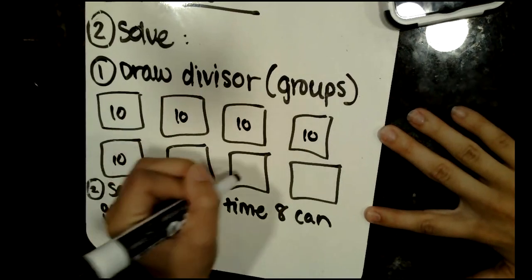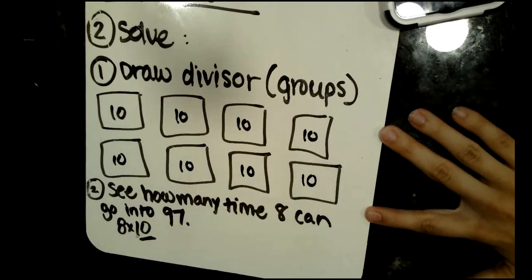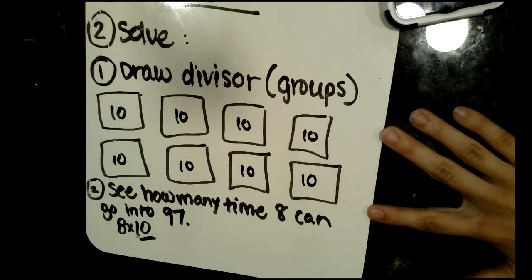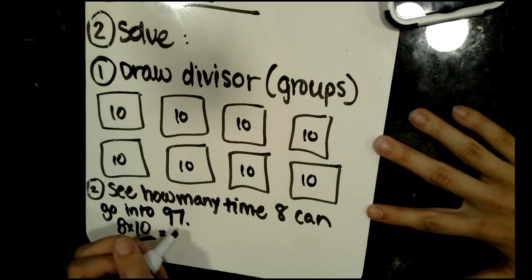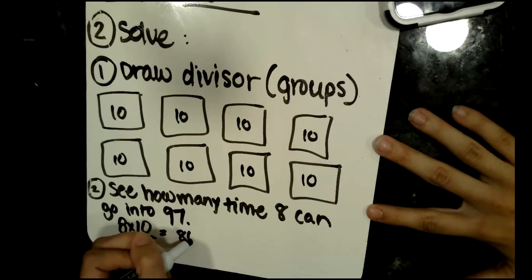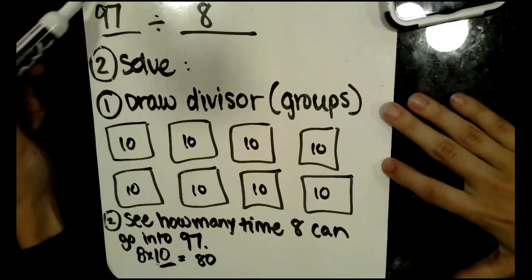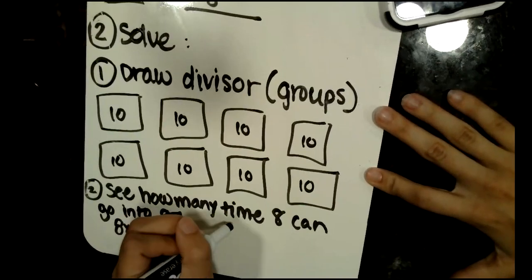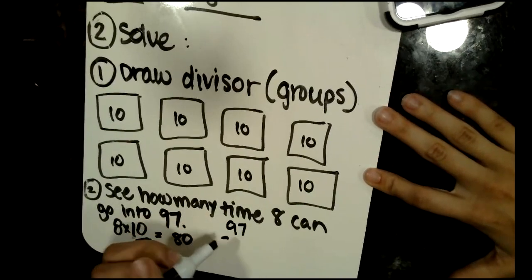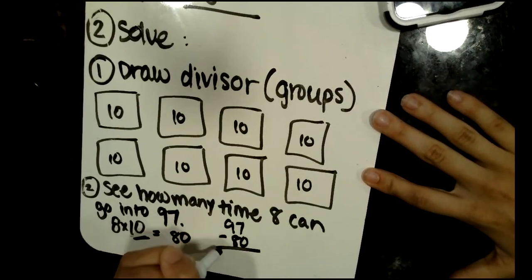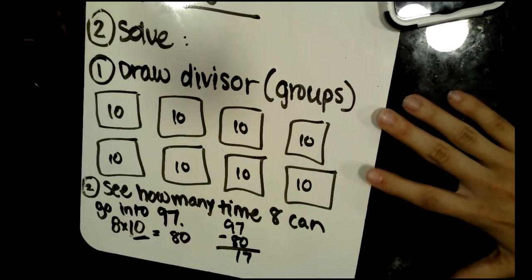So if each group gets 10, how much are they getting all together? 8 times 10 would be 80, so all together I've used 80 cups. But I want to get rid of all of the flour. So let's see where I'm at so far. If I gave each group 10, that's 80 cups, which leaves me with 17 cups.